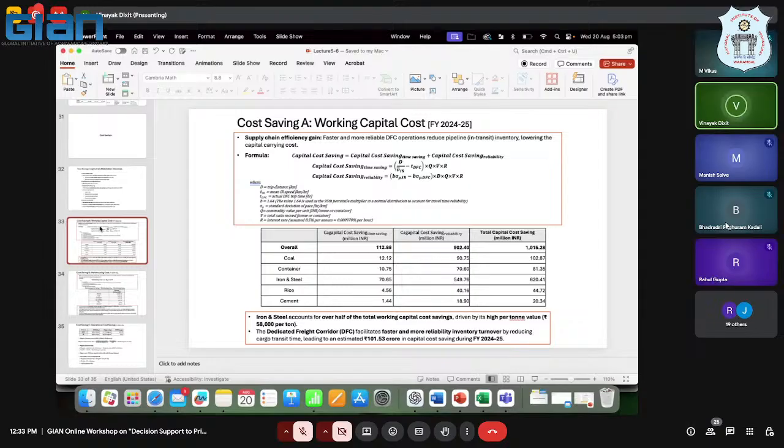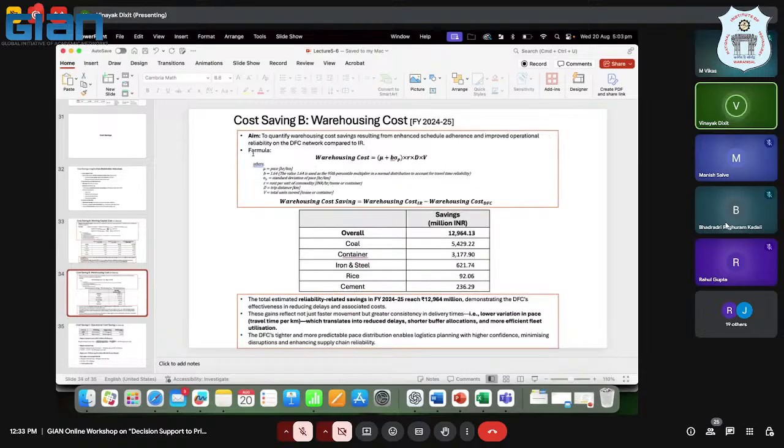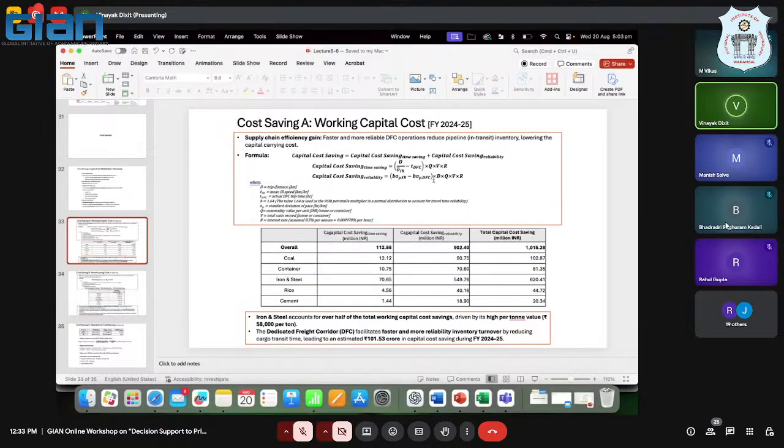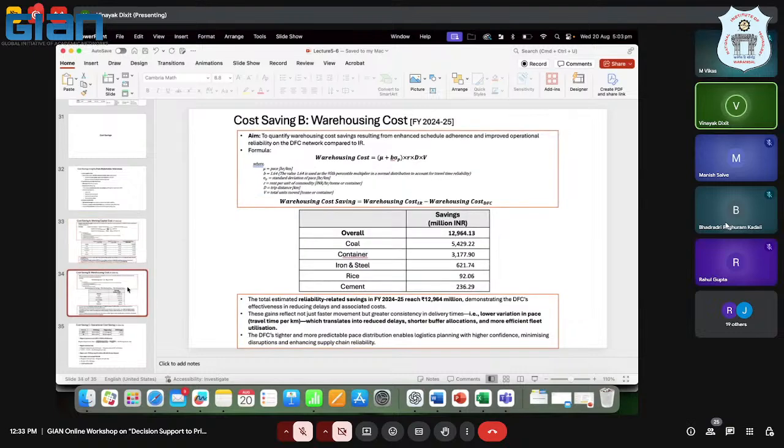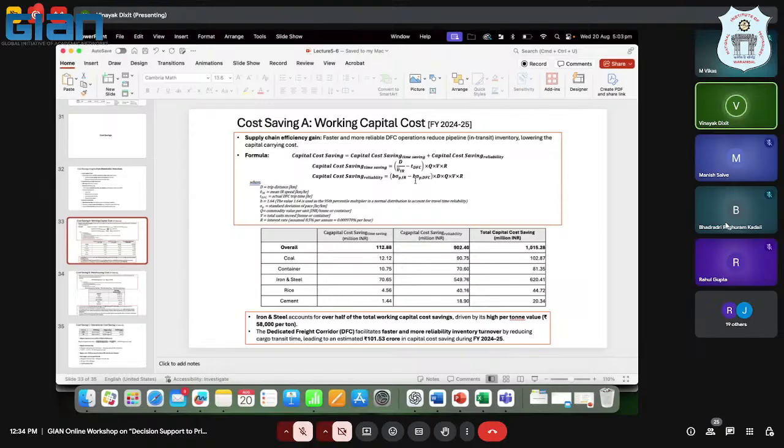So people will say, okay, you've already done this here in the working capital cost. Why are you including this in the warehousing cost? Because you have mu plus b sigma p here, and mu plus b sigma p here as well. Why are you doing that? The main reason we have to look at it that way is this one is basically associated to the rent, the warehousing cost of the rent. The rent the companies will save. This is the cost associated to the working capital, the fact that it was not being used.